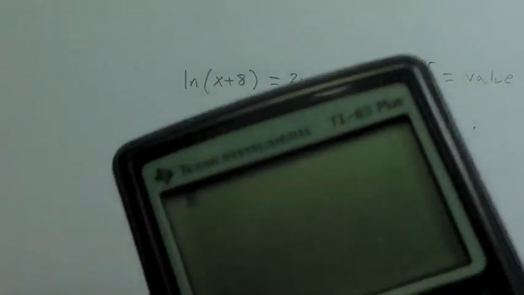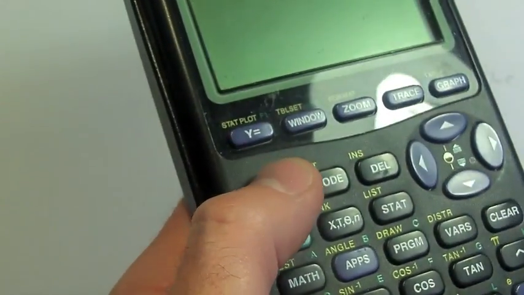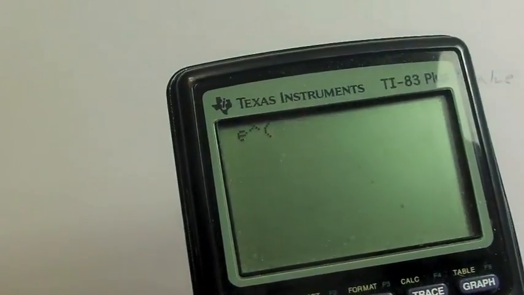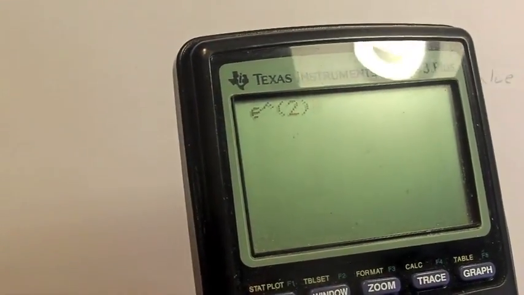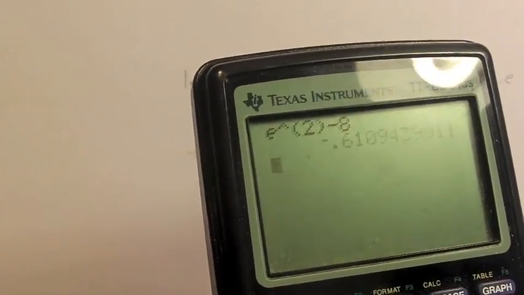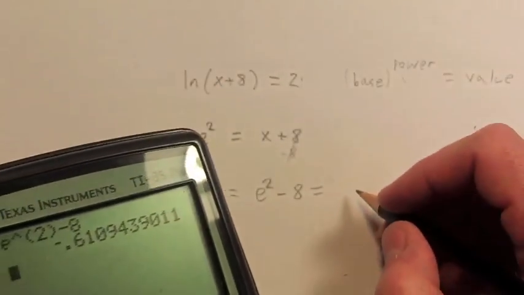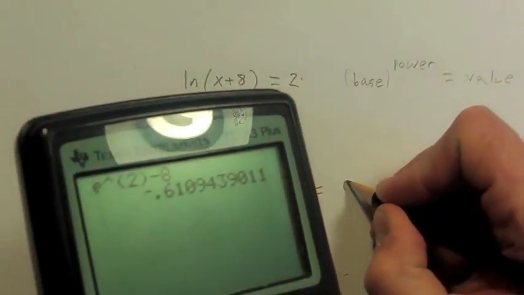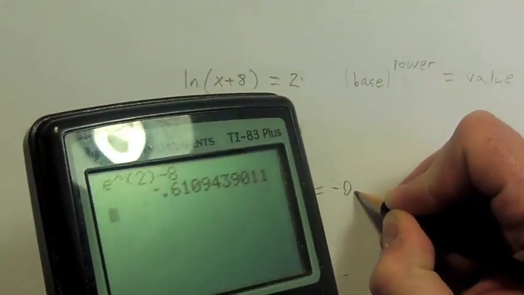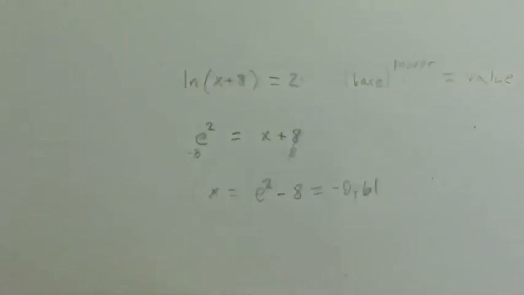Going to our calculator, we'll do e squared, remember to close your parentheses there, minus 8, and that comes out to be about negative 0.61 if you round to 2 decimal places.